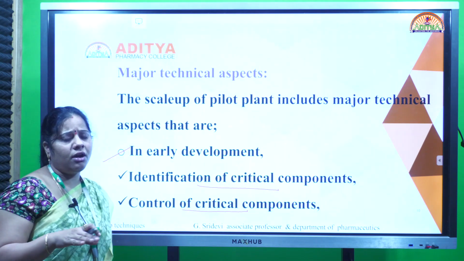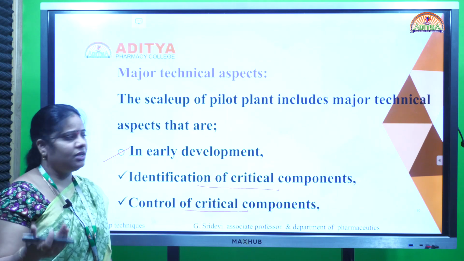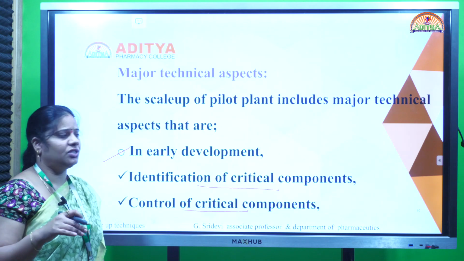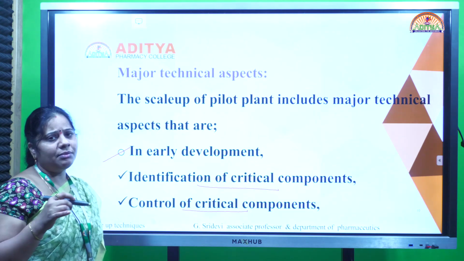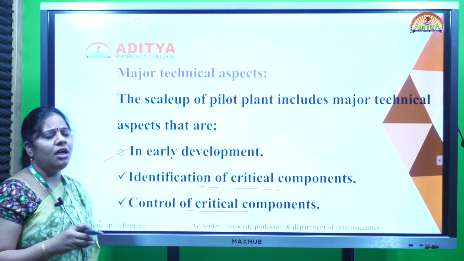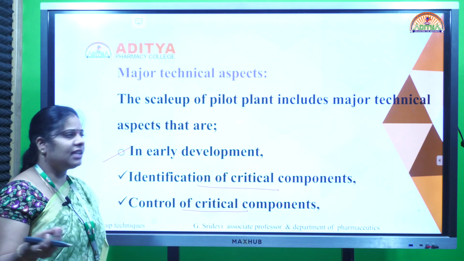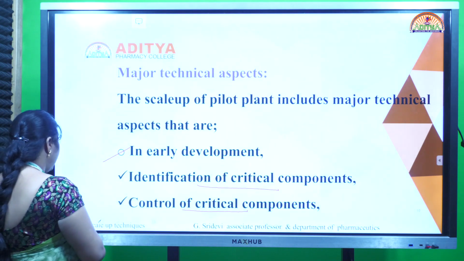How much viscosity do they have to maintain, whether high viscosity or low viscosity, to maintain the stability of the suspension? Like that they study the entire physicochemical nature of the molecules, and then they fix these types of problems to avoid further issues during the scale up techniques. So these are the things we study in early development.